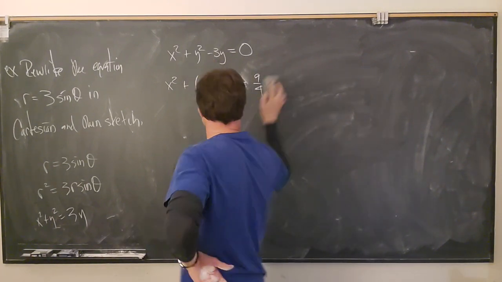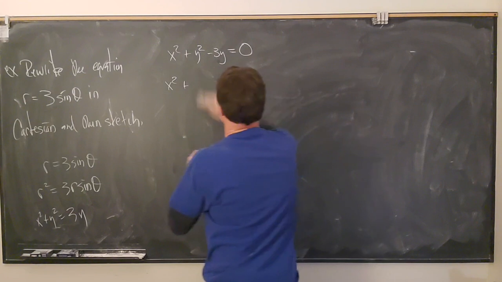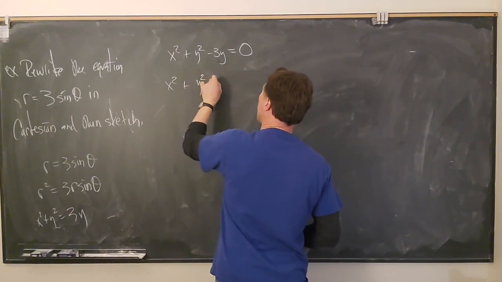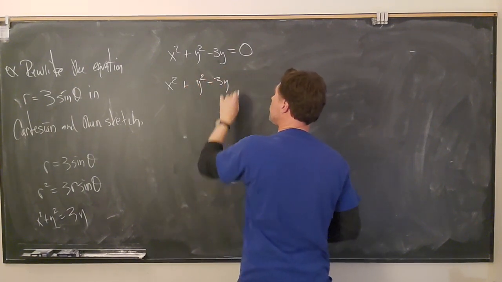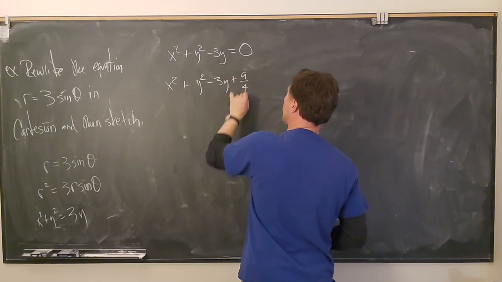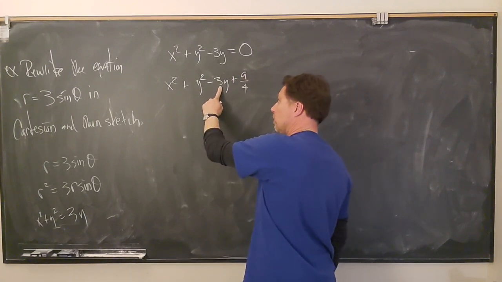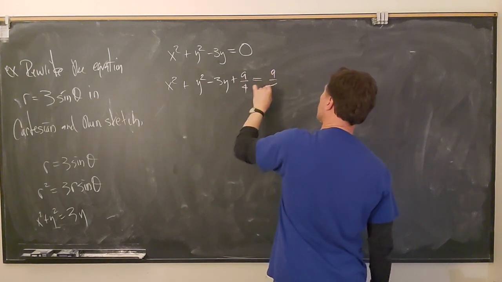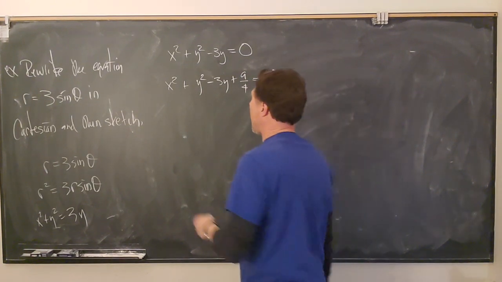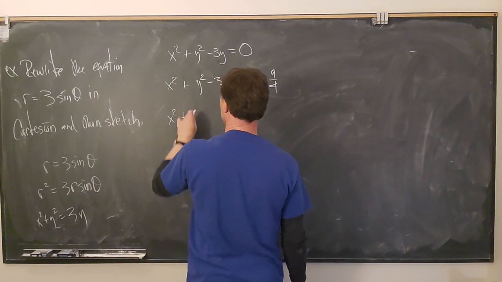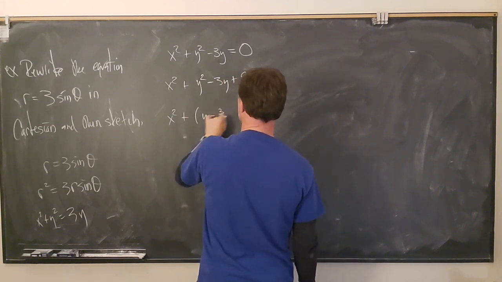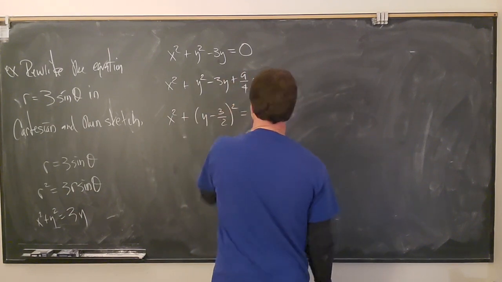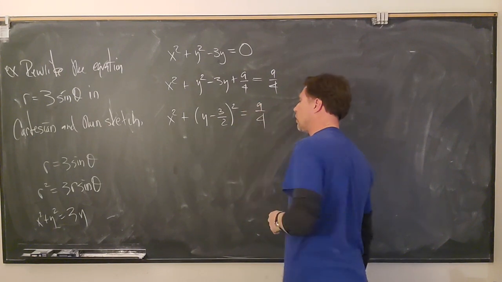In fact, I skipped a step, so let me go a little bit slower. For y² − 3y, I take the middle term, divide it in half, which gives me −3/2, and then square the result. Then I add that to both sides. Now I can write this as x² + (y − 3/2)² = 9/4.